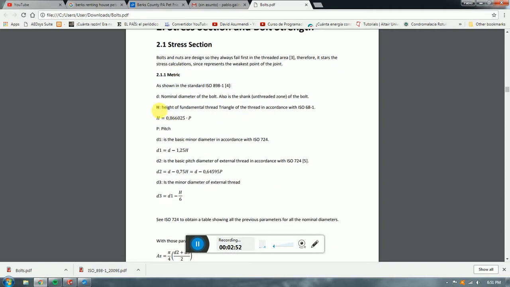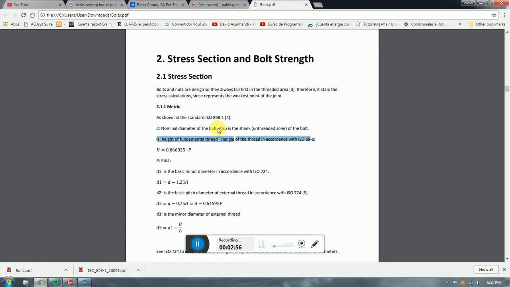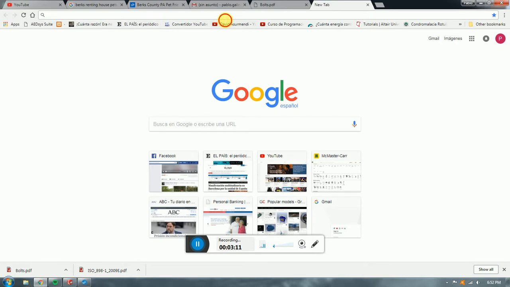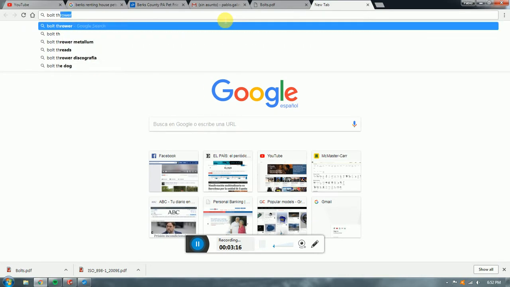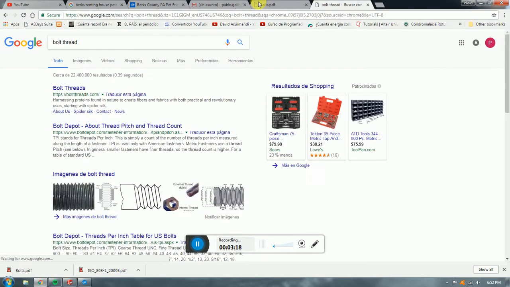And then we have the H, which is going to be the height of the thread triangle, okay. Imagine that we just cut the thread of the triangle, as a bolt, like for example here.